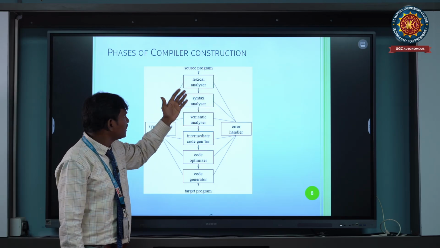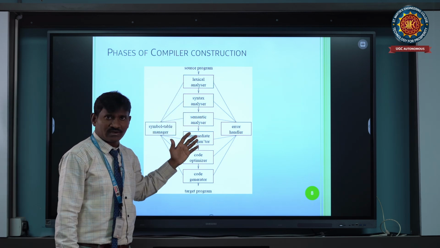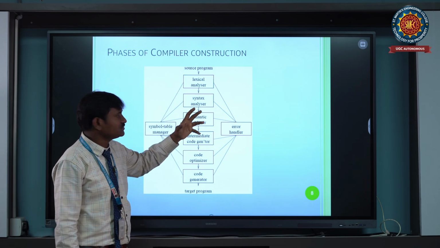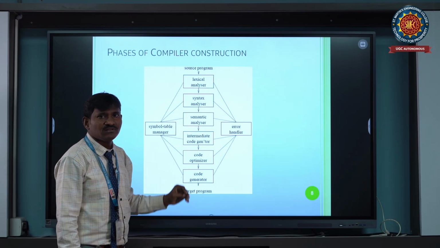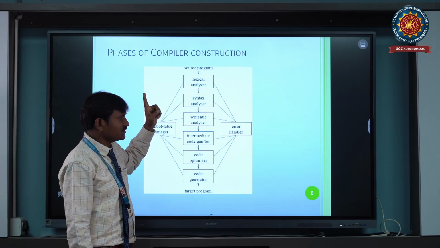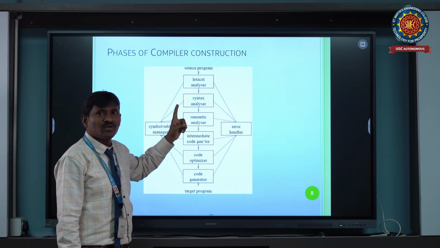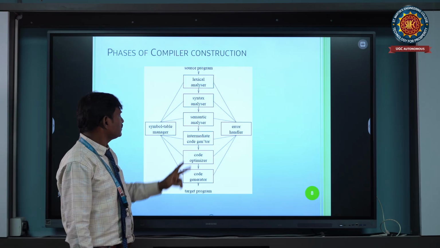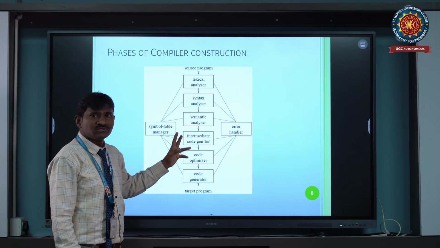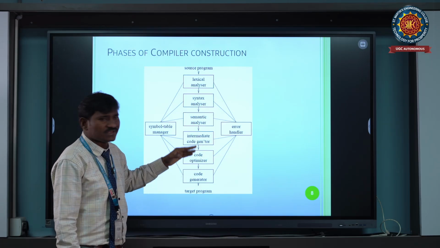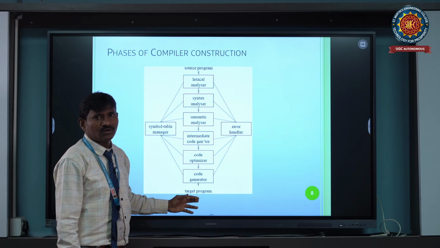The syntax analyzer takes the input from the lexical analyzer, performs its functions, then sends to the semantic analyzer. The semantic analyzer processes it and sends the code to the intermediate code generator, which processes it and sends it to the next level, up to the target program.